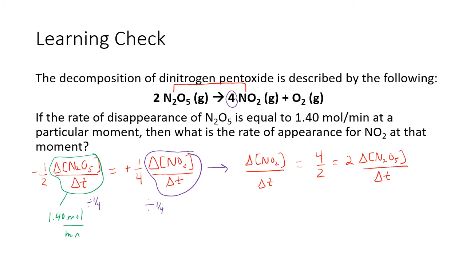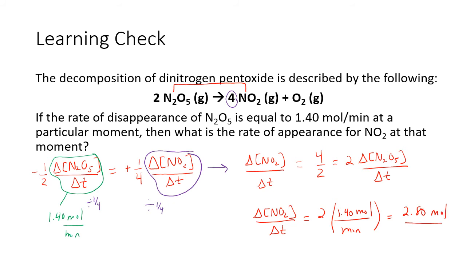So now we can plug in our value and solve for our rate of appearance of nitrogen dioxide. That'll equal 2 times 1.40 moles per minute, which will come out to 2.80 moles per minute for the rate of appearance of our nitrogen dioxide.